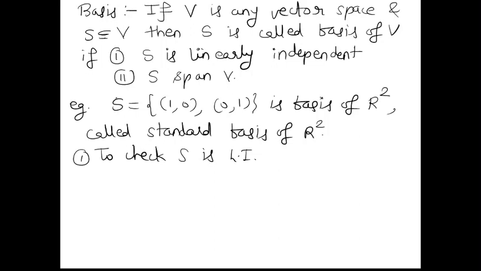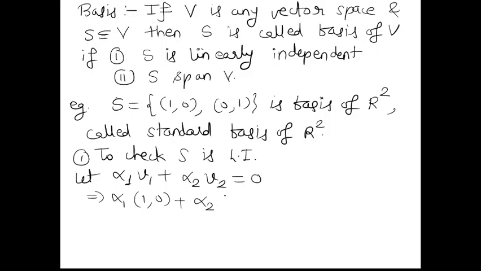To check whether S is linearly independent, first of all we will form the vector equation. Let alpha 1 v1 plus alpha 2 v2 equal to 0. This implies alpha 1 times (1,0), the first element of the set, plus alpha 2 times (0,1), which is v2, equal to (0,0).